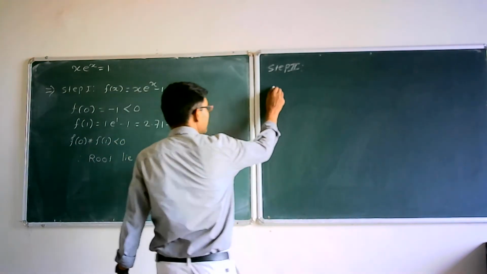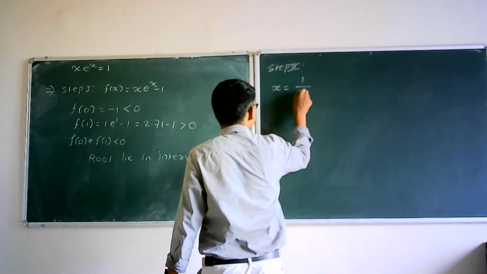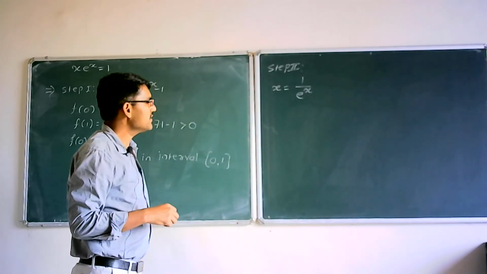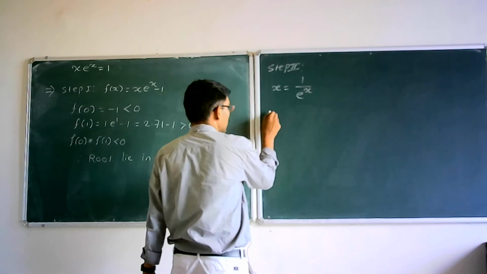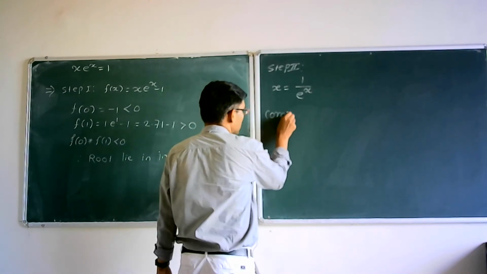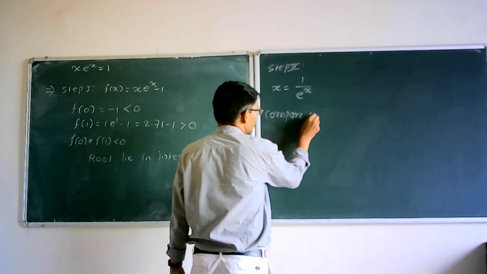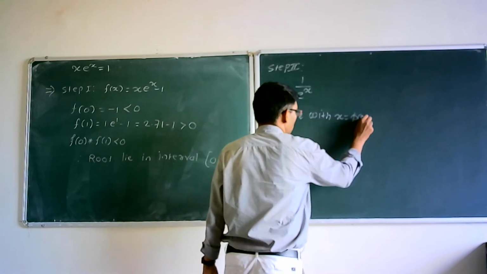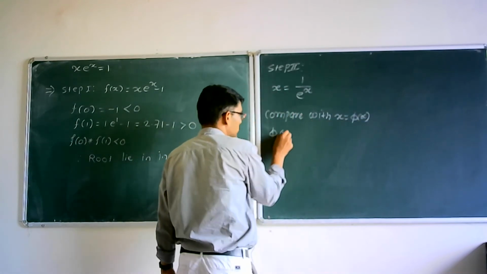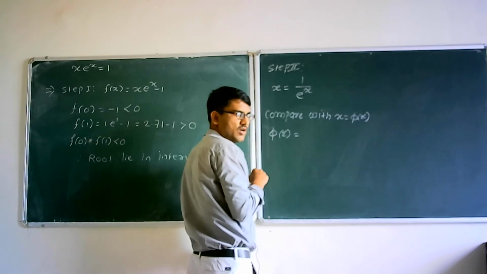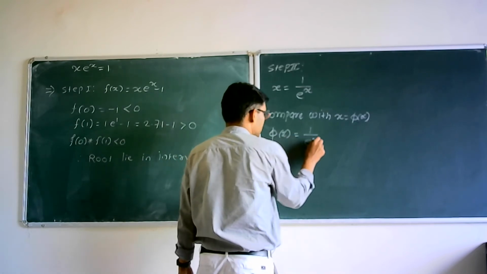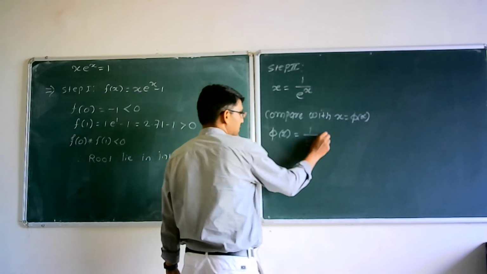So if we write x is equal to 1 upon e raised to x, then we want to check whether it is our phi of x. For that, compare with x is equal to phi of x. We can observe here phi of x is equal to 1 upon e raised to x, that is e raised to minus x.